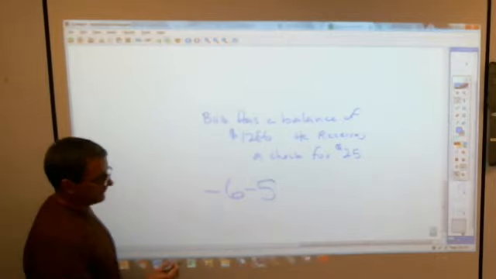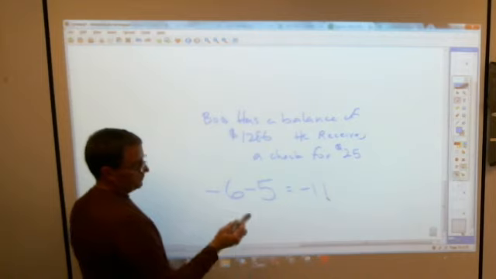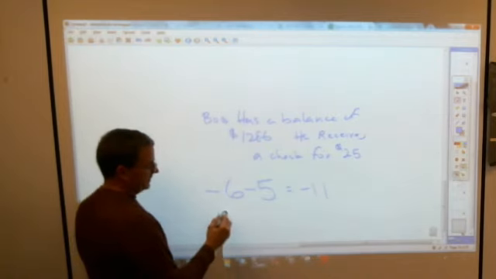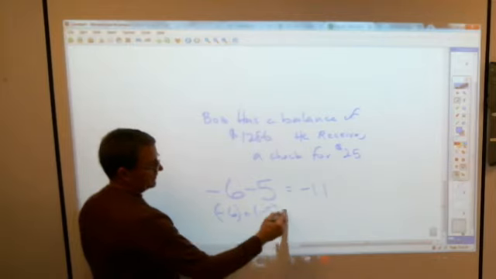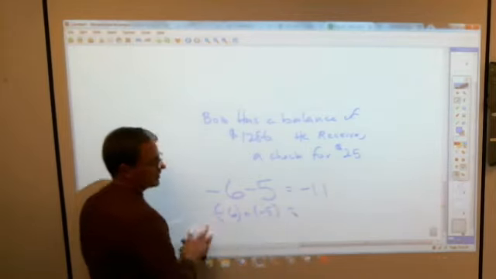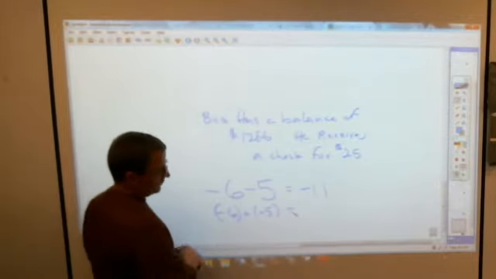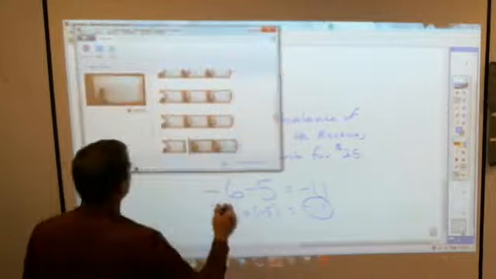It is negative 11. In case you didn't catch, the book just throws a whole bunch of parentheses that are not needed. They would do this, negative 6 plus negative 5. Same thing. They just don't put the positive signs in there. You've been doing this pretty much forever.